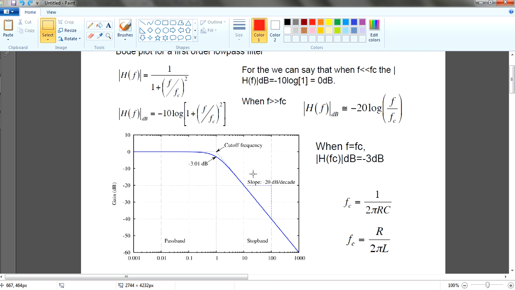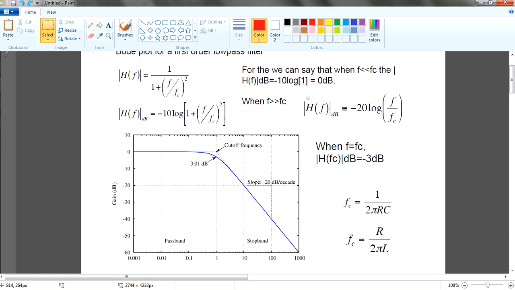But my notes say it should be negative 20, and I don't know why it's always negative 20 over here, although there's negative 10. Anyway, this is the situation where you have a cutoff frequency much larger than your input frequency.